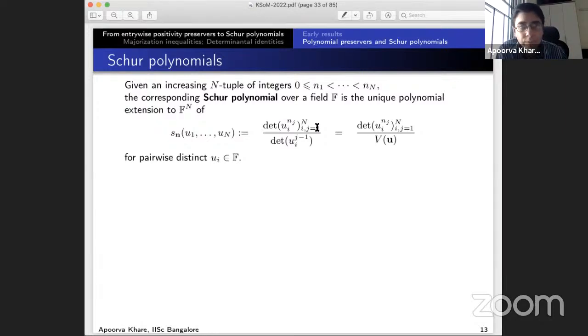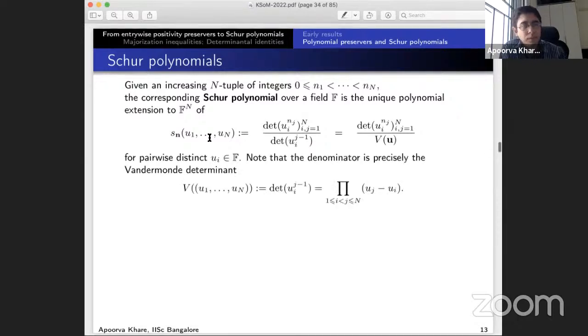In particular, in the UFD, this numerator is divisible by the product of ui minus uj. That product is precisely the Vandermonde polynomial, the usual Vandermonde determinant. So I can divide the generalized Vandermonde by the usual Vandermonde, and I will get a homogeneous symmetric polynomial in these n variables. That is called the Schur polynomial. I'm just writing V of U to be the Vandermonde of u1, u2, un.